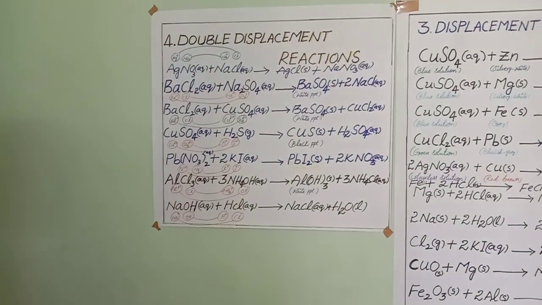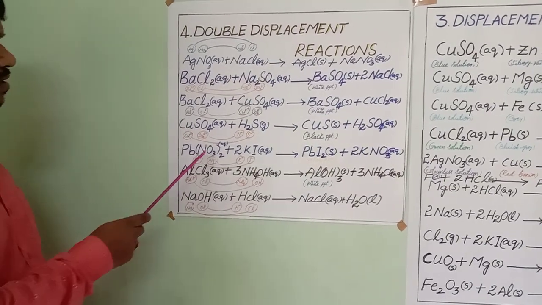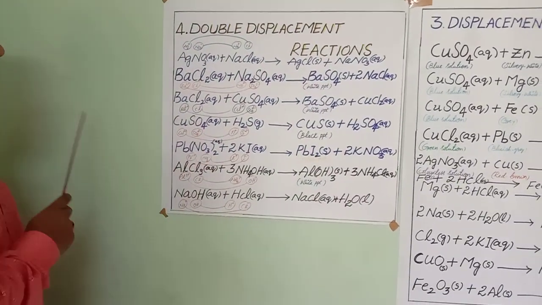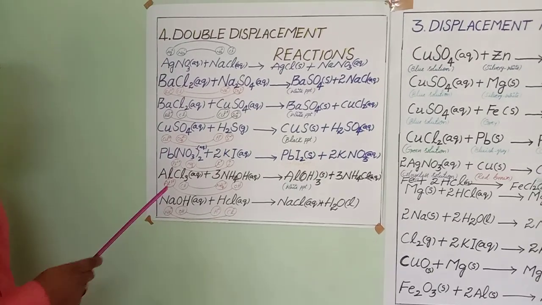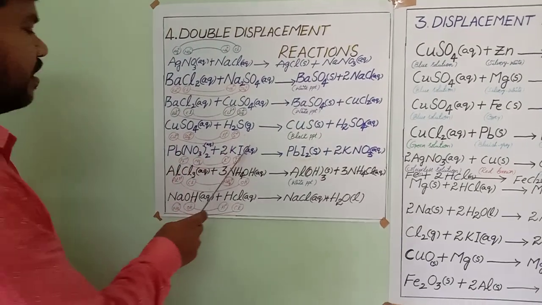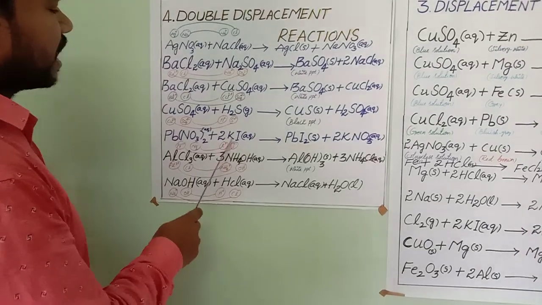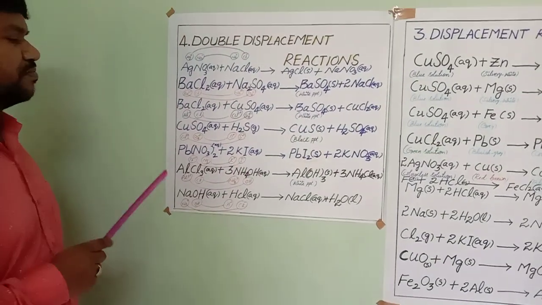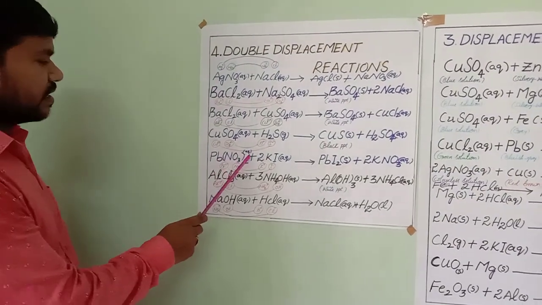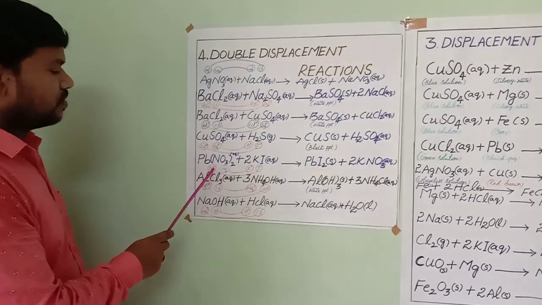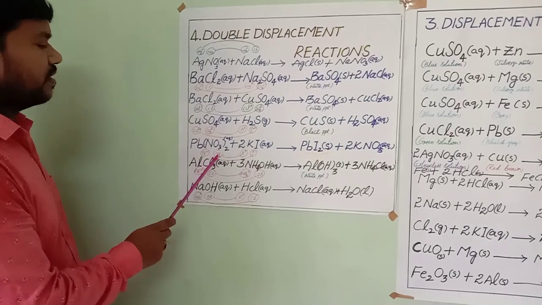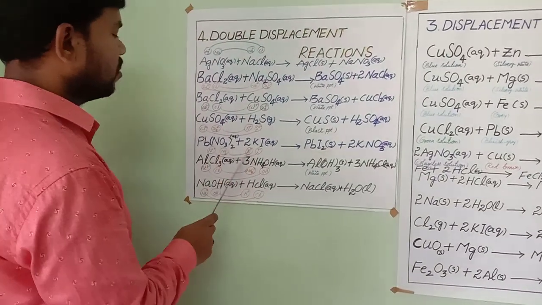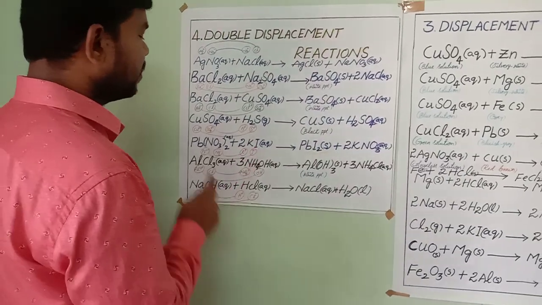And one more example, it is a very interesting example. When we see this, we will feel very happy. So, lead nitrate solution. We will take lead nitrate aqueous solution in one test tube, and potassium iodide aqueous solution in another test tube. Now these two solutions are mixed together. Lead nitrate contains the radicals lead Pb2 plus and nitrate NO3 minus, and potassium iodide contains potassium K plus and iodine I minus.